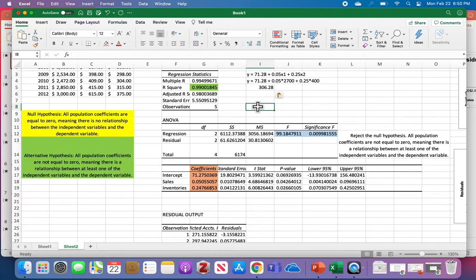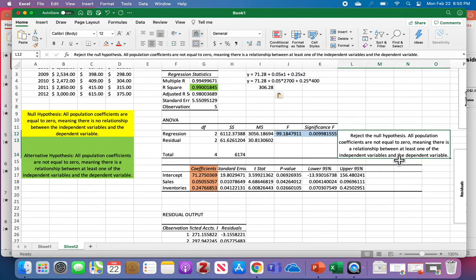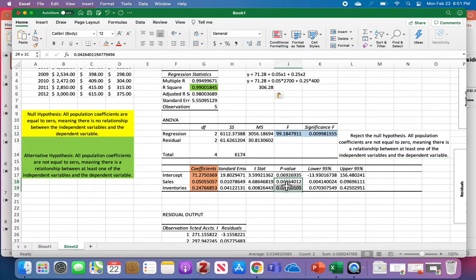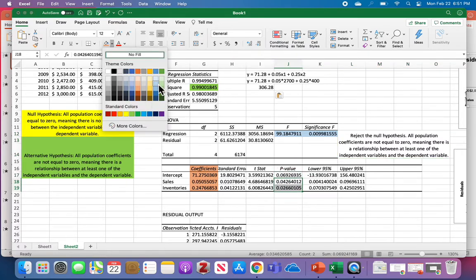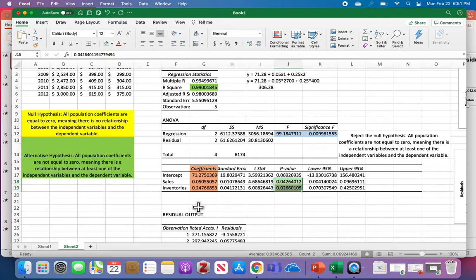When we find a model that's got a relationship with at least one independent variable, we need to figure out which independent variable, or both, matter. So we go down and look at the p-values of our two variables. Because both p-values are below 0.05, we know they're both significant.